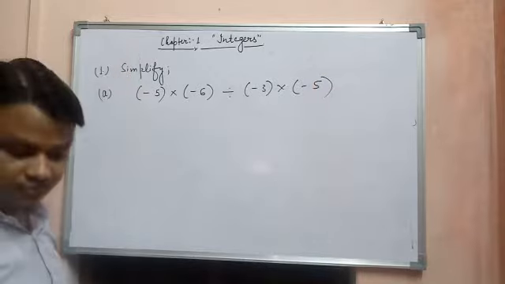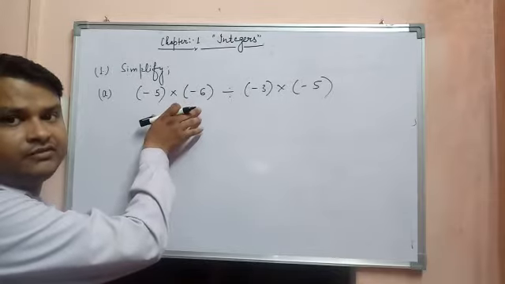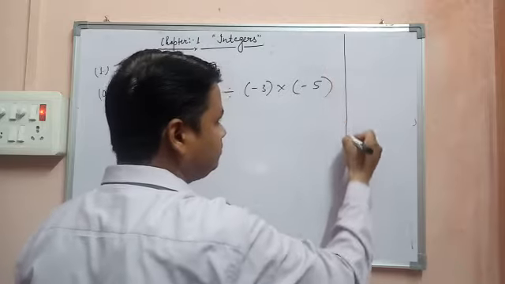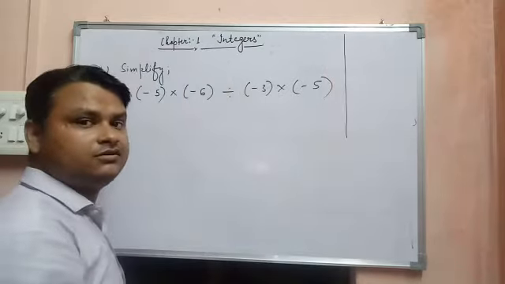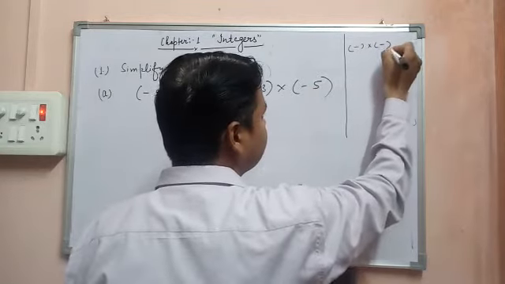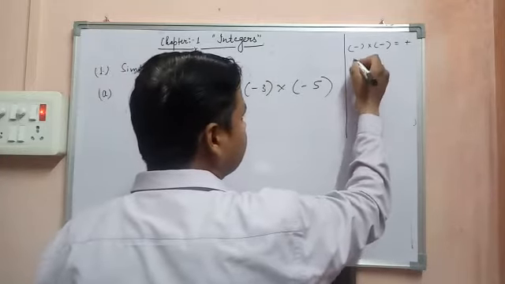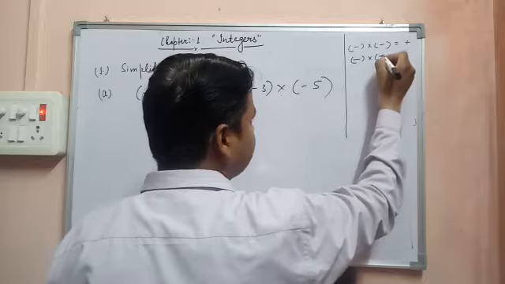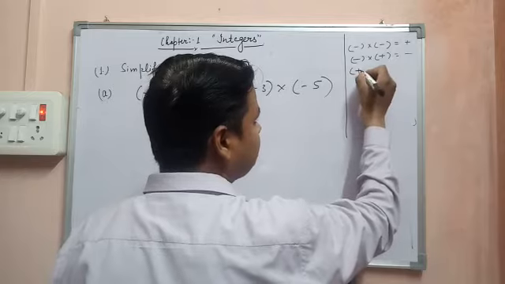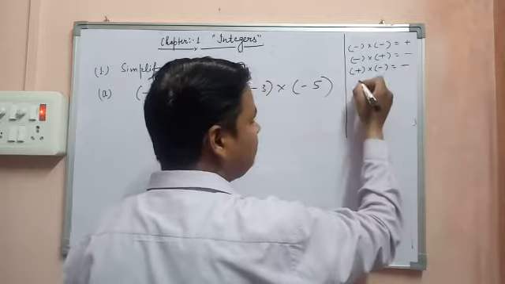First of all you have to know what the multiplication of two negative integers is. Multiplication of two negative integers is always positive, and multiplication of one negative integer and one positive integer is always negative. In the same way, multiplication of one positive integer and one negative integer is negative.